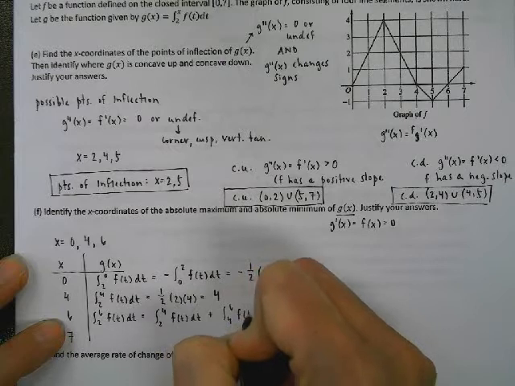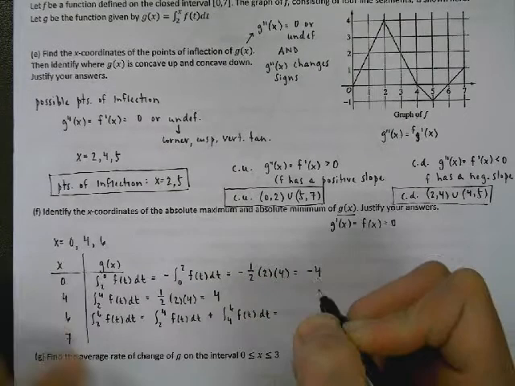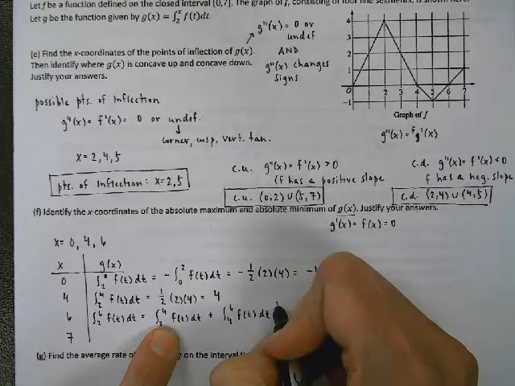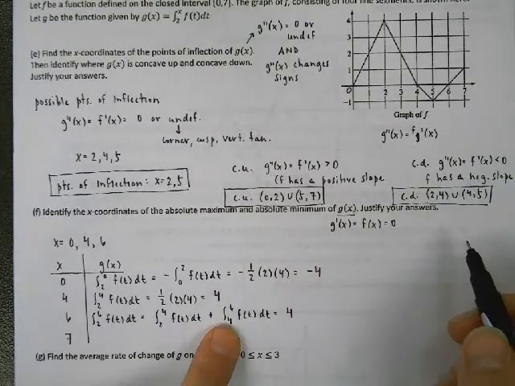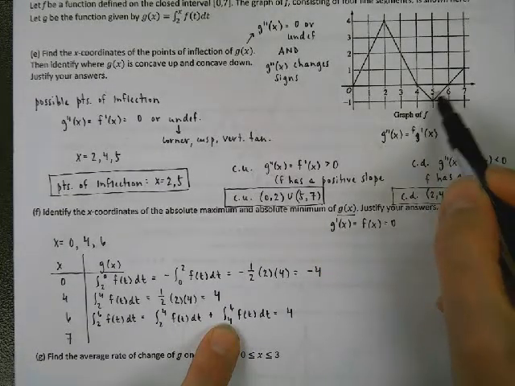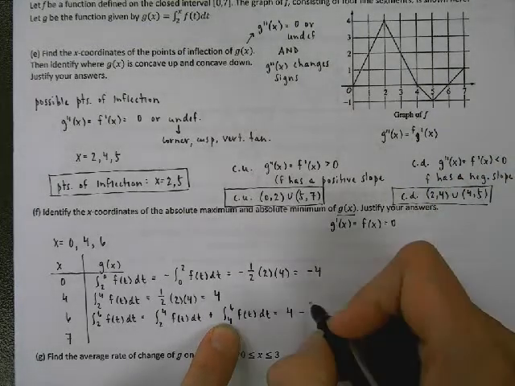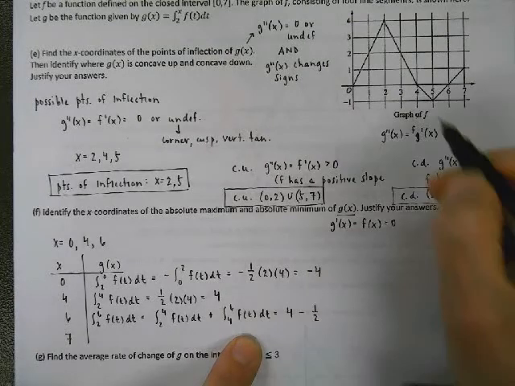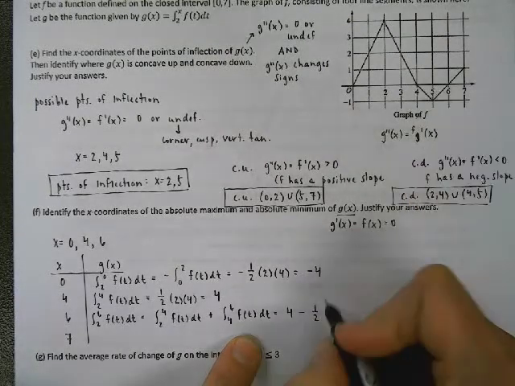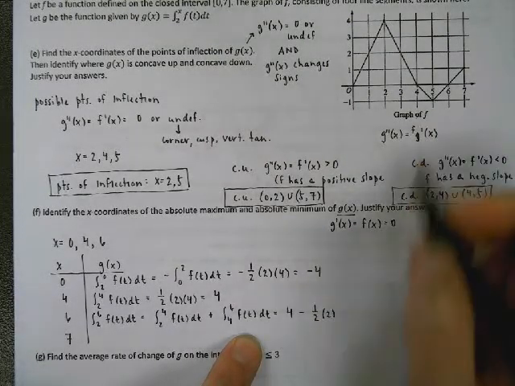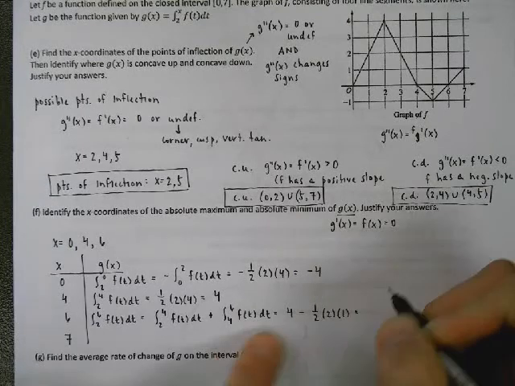So 2 to 4 we found out was 4. Now I'm adding this, but because this area from 4 to 6 is below, we're going to end up subtracting the area of that triangle. So I have 1/2, a base of 2, and then a height of 1. So I have 4 minus 1, which gives me a value of 3.